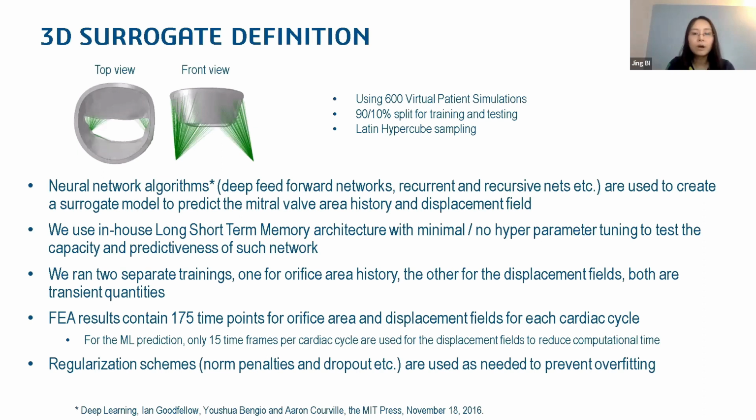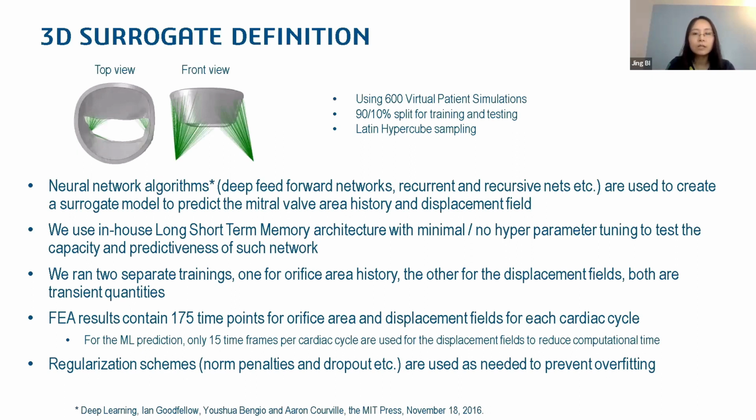Our in-house long short-term memory architecture was used with minimal or no hyperparameter tuning to test the capacity and predictiveness of such a network. Two separate trainings were done, one for orifice area history and the other for the displacement fields, as both are time transient quantities.